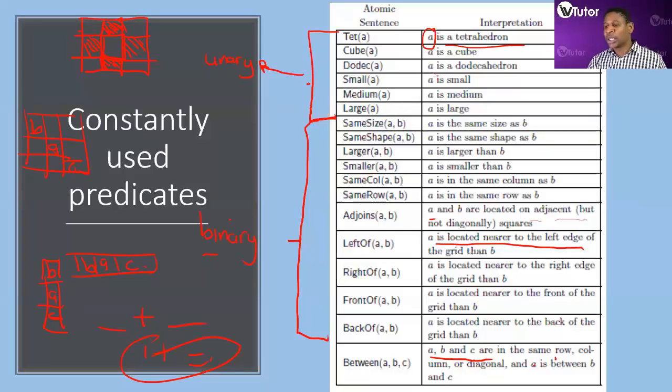So that is the only time when between B and C applies. If it is not a diagonal, row or column, then it is not possible.